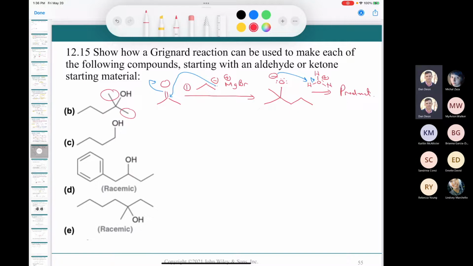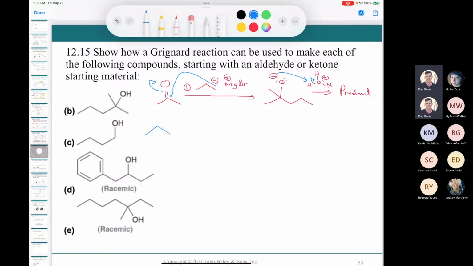Now, if you were to use methyl magnesium bromide instead, what would that look like? In that case, you'd end up having 5 carbons, and you'd have the double bond to the oxygen like this. That compound is called 2-pentanone, which is neither here nor there.